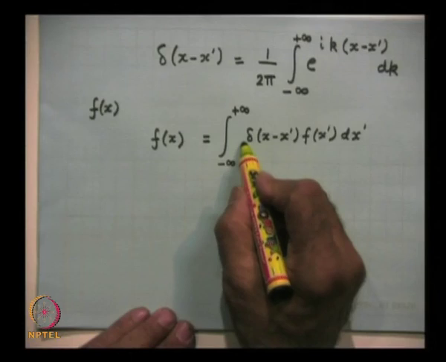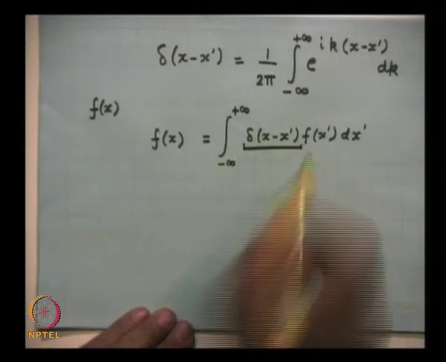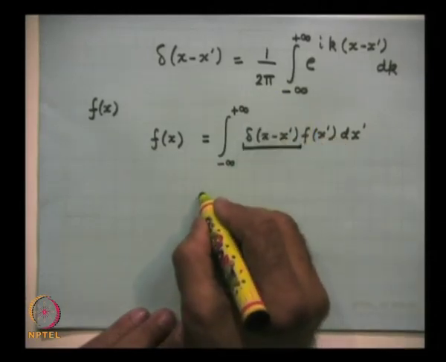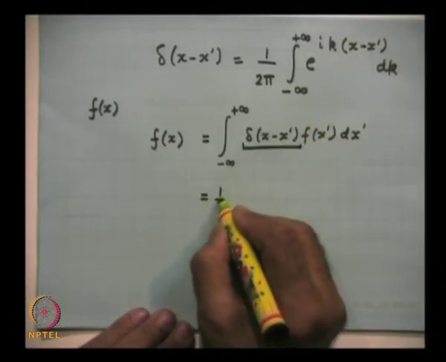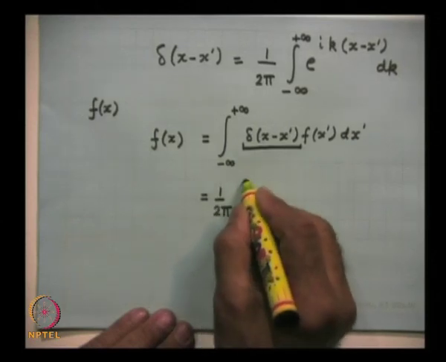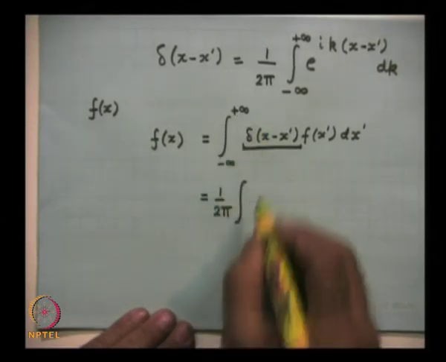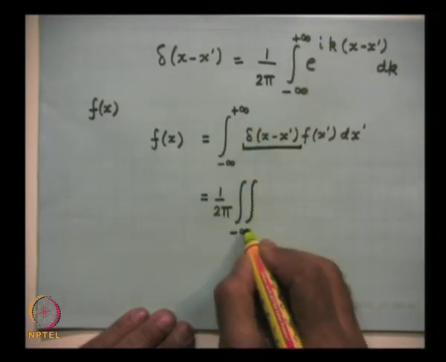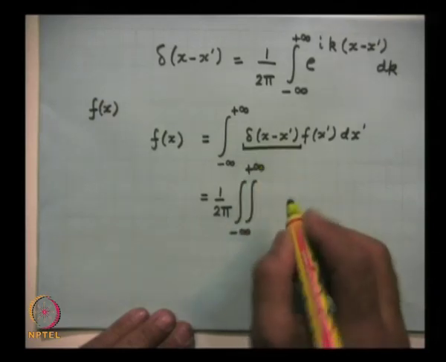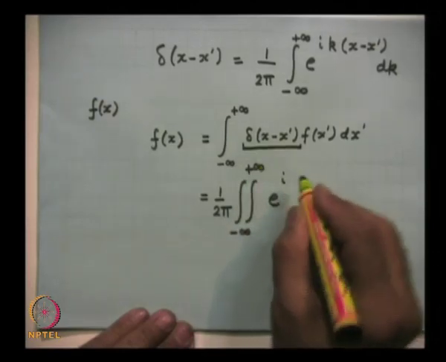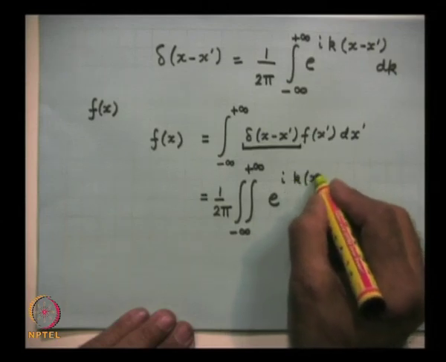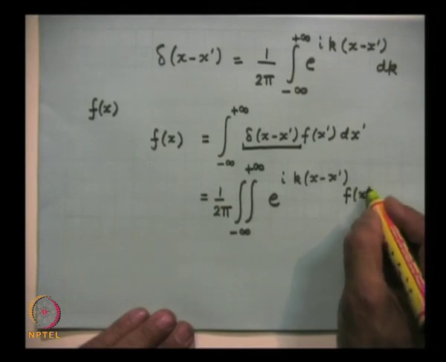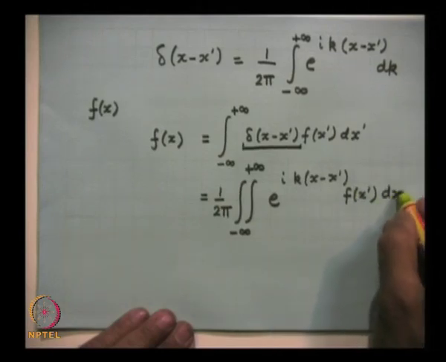So, now for this delta of (x minus x prime), I substitute this expression. I write this down as 1 over 2 pi, two integrals now. One integral is over x prime, the other integral is over k. Both limits are from minus infinity to plus infinity, e to the power of i k (x minus x prime) f of x prime dx prime.